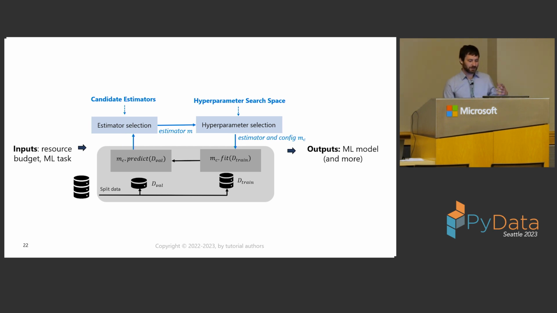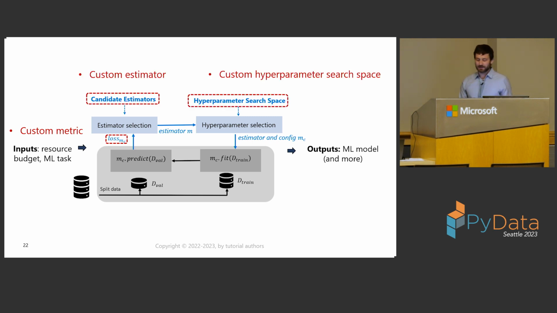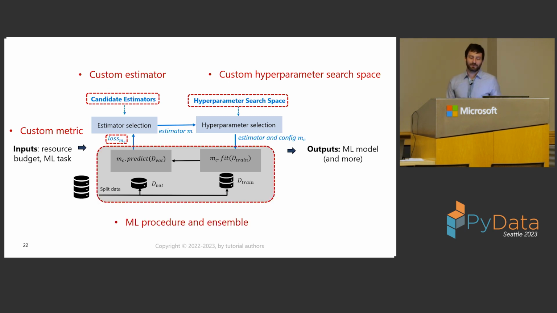So here's the standard AutoML loop that is run. Importantly, you have the resource budget that's specified and the task. In gray, you can see the machine learning component, where you fit the model and then predict with the model. In blue, you have the AutoML part, which is selecting the right estimator, so doing gradient boosting or random forest or linear models or something.